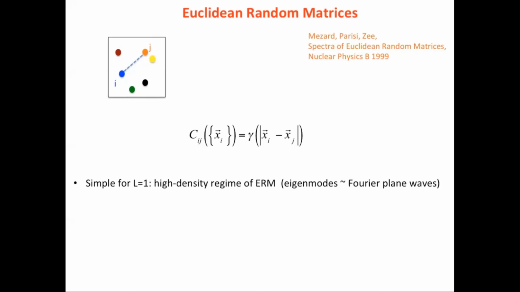The eigenmodes are Fourier plane waves, essentially because it is as if your points were perfectly placed on a uniform grid. So as n goes to infinity, the large eigenvalues are closer and closer to what you would expect from Fourier analysis.